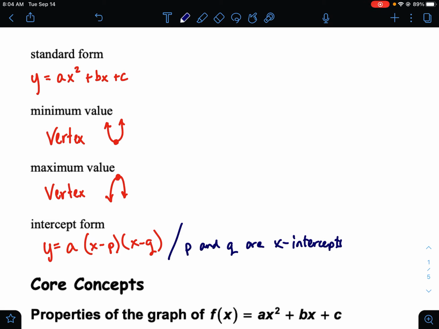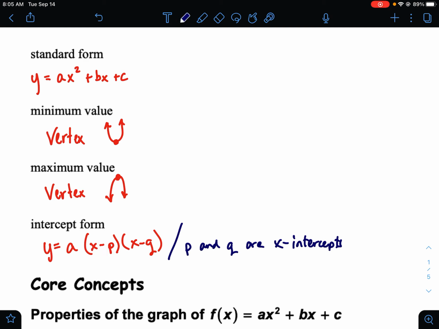Intercept form essentially gives you the x-intercepts because it's p and q. The only thing you have to be careful with is this minus sign in here. Whatever number we see here, because the formula has a minus sign in it, it becomes the opposite of what it is. So when we're dealing with real problems, the x-intercepts will actually be opposite of this due to these negatives.